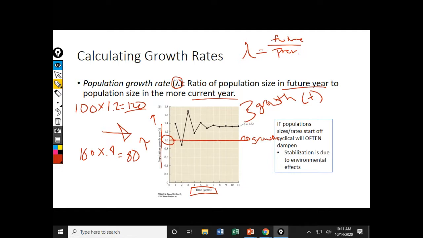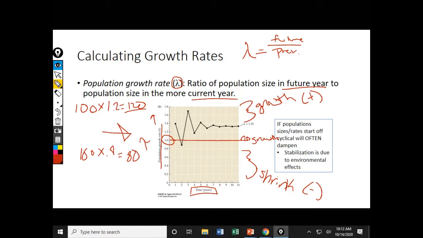Okay, so I shrunk. This is negative growth. This is one of the reasons things like lambda are really valuable, because it's an easy snapshot to see what is the health of your population.